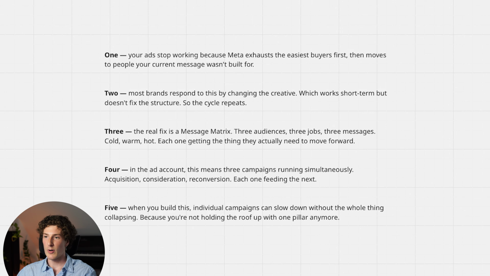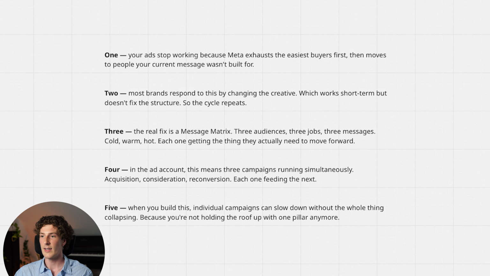All right, so let's bring this together. 1. Your ads stop working because Meta exhausts the easiest buyers first, then moves to people your current message wasn't built for. 2. Most brands respond to this by changing the creative, which works short term but doesn't fix the structure, so the cycle repeats. And 3. The real fix is a message matrix. 3 audiences, 3 jobs, 3 messages.